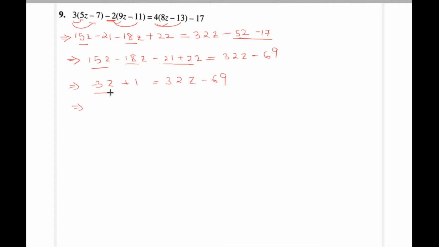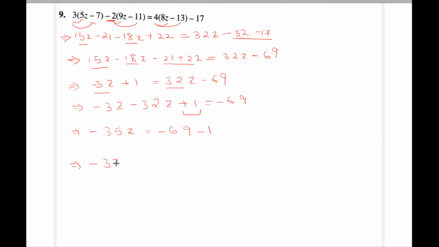Now bring the variables together. Minus 3z minus 32z plus 1 equals minus 69. So this is minus 35z equals minus 69 minus 1. Okay.